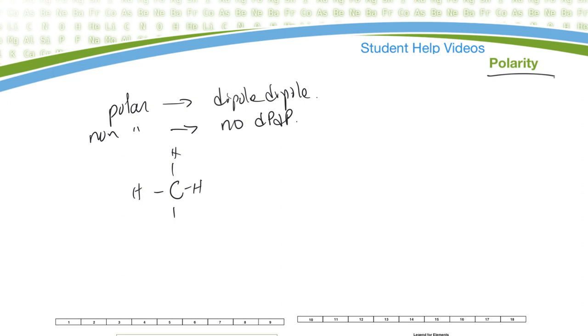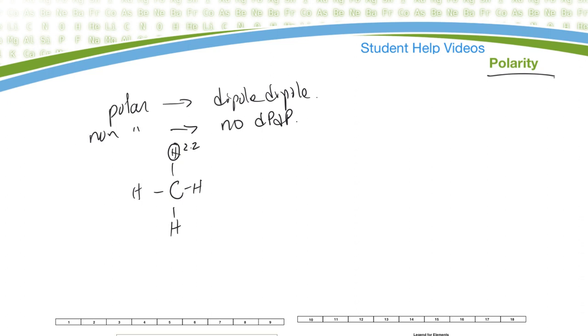We can tell if something's polar or non-polar if there's a resultant pull or push, you could say, in a molecule resulting from an imbalance of electronegativities. So when you look at the electronegativities of these atoms, hydrogen I think is 2.2.